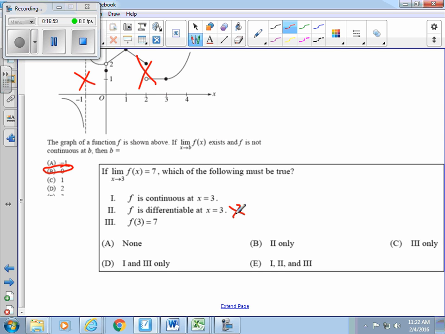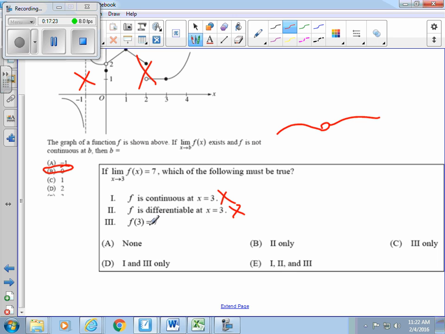Does the limit being 7 guarantee anything about continuity? Why not? I get a hole, right? So the limit existing is not enough for me to know that it's continuous. Agreed? It's not enough.